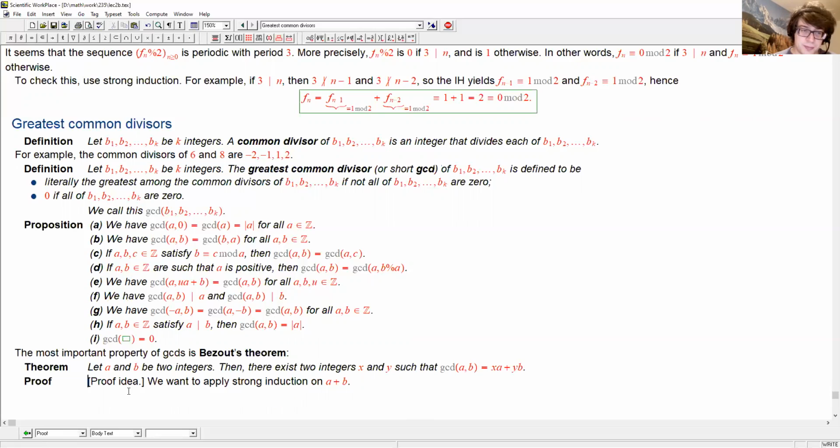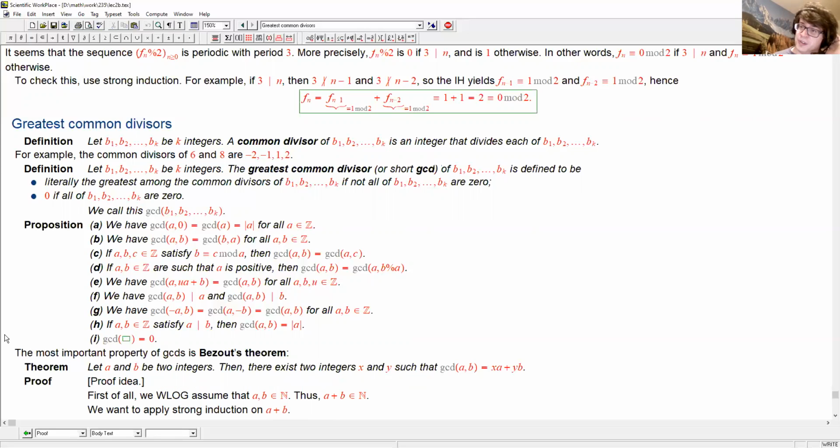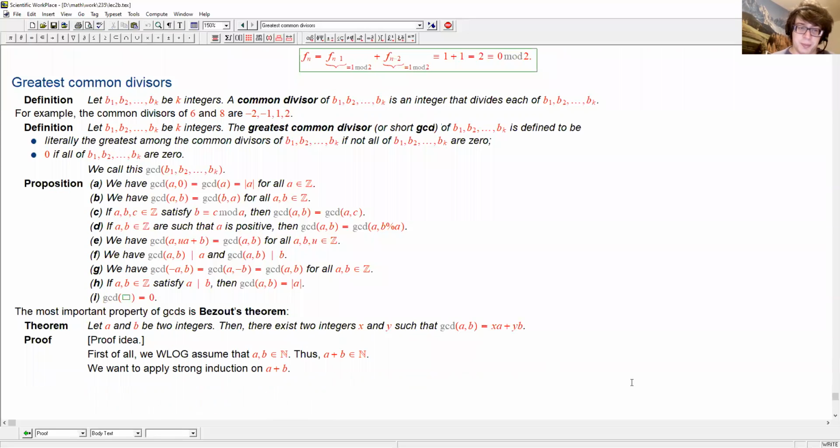So, once we have assumed that, then A plus B is also non-negative, so we can apply strong induction. But also, for convenience, let's restate the theorem. We define ZA plus ZB to be the set of all integers of this form, xa plus yb, where x and y are integers.